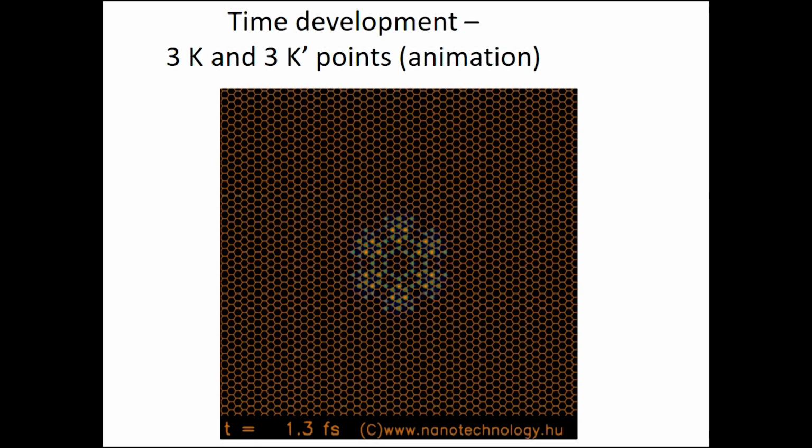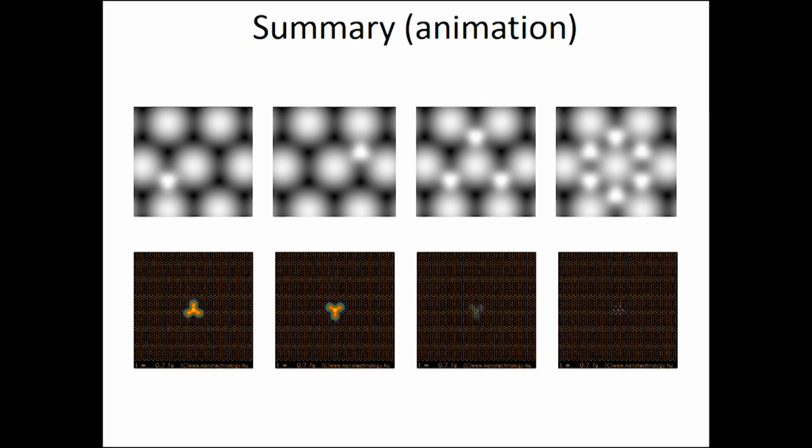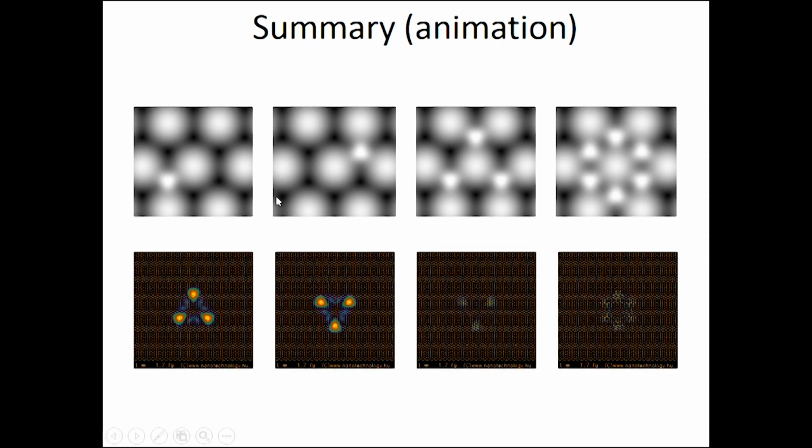It is a hexagonal spreading multiplied by an atomic scale pattern. And this shows all studied cases: for the 1 K point, the K prime point, 3 K points, and all the 6 K and K prime points.